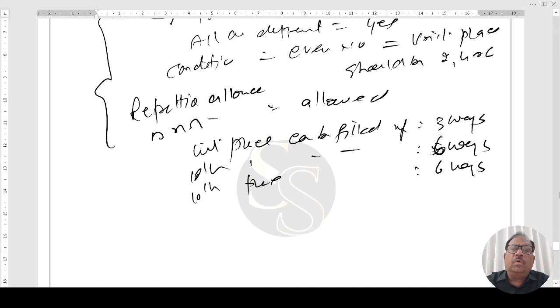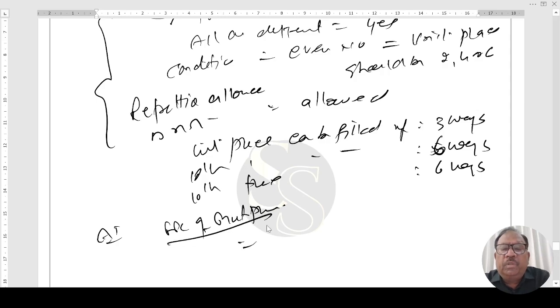Now, what is the event here? This event is to obtain the 3-digit number. To complete this, we have 3 sub-events. To get the event, all the sub-events are to be multiplied according to the FPC of multiplication.